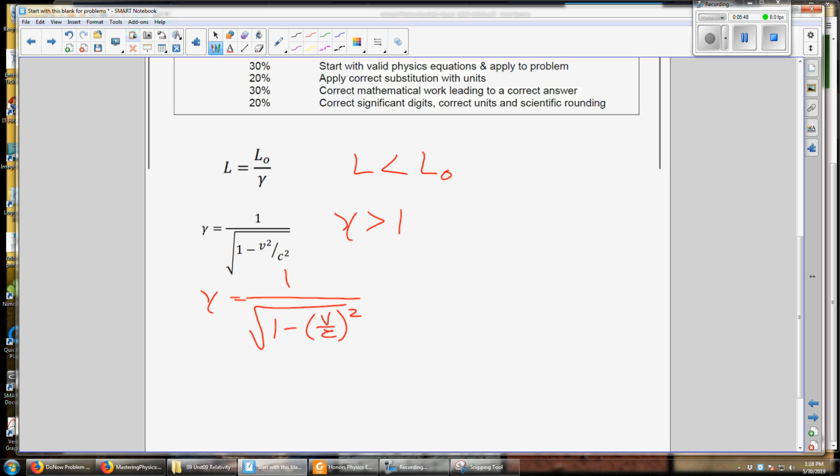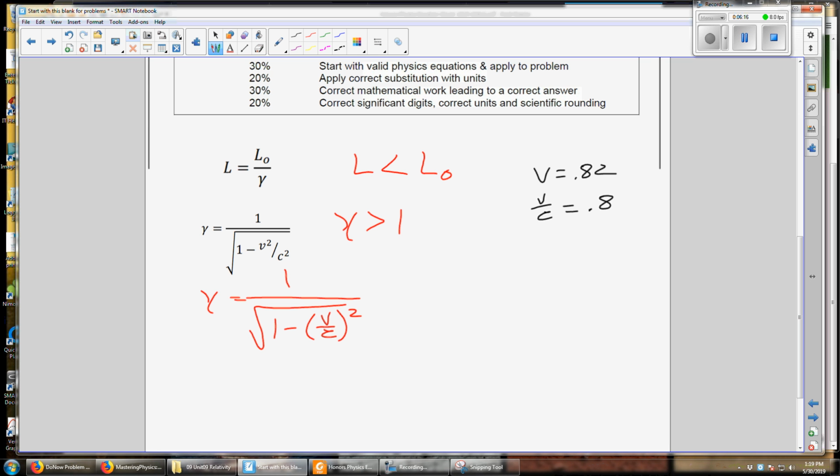If I have, let's say, velocity equals 0.8 c, well, v over c for that is 0.8. That's just the way I tend to think about it, rather than having to plug in for c and everything like that.